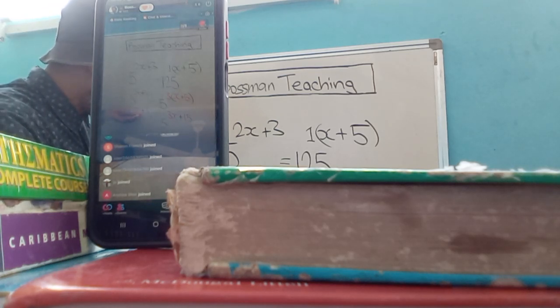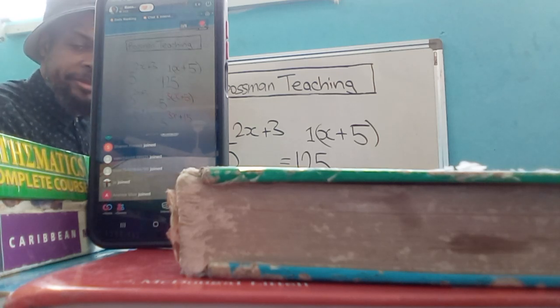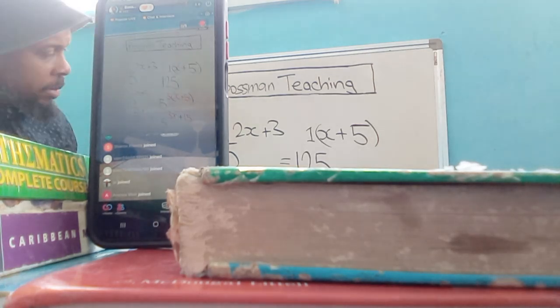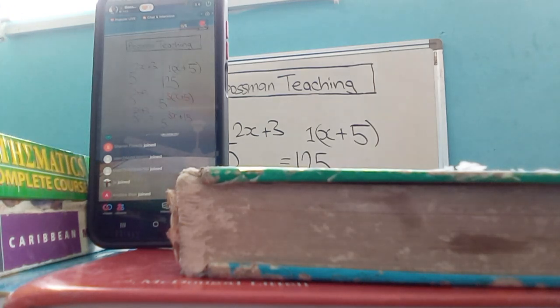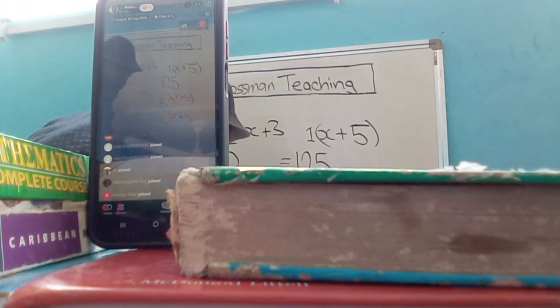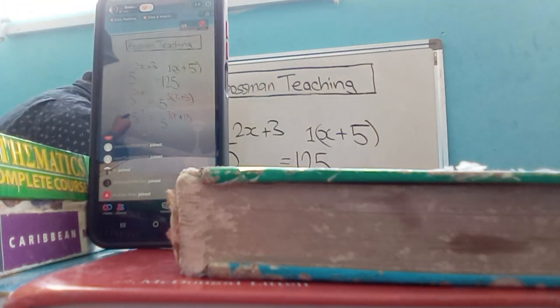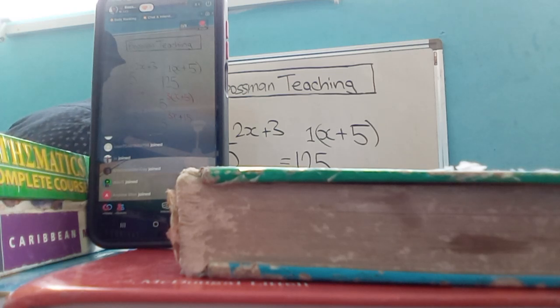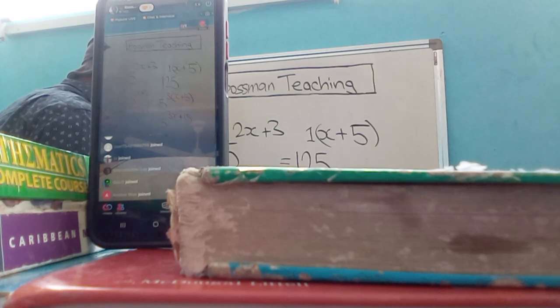And now we have 2x plus 3 equals 3x plus 15. So let me see how much more space I have. Yeah, we can write that. So now we'll write 2x plus 3 on one side, 3x plus 15 on the other side.